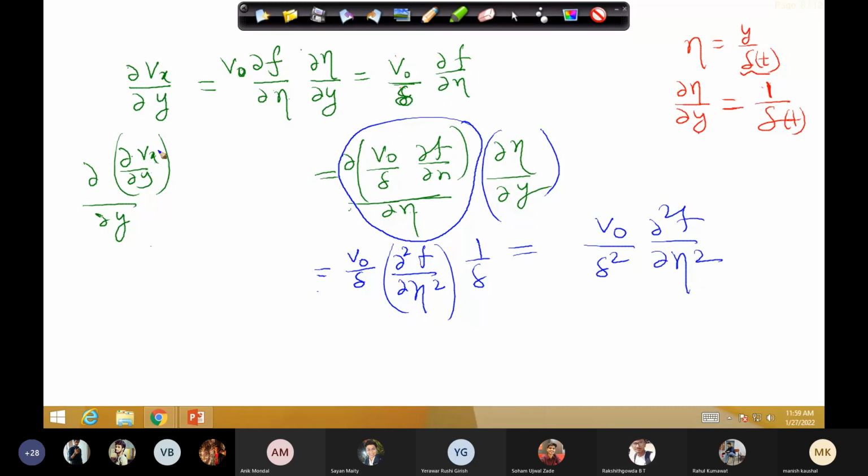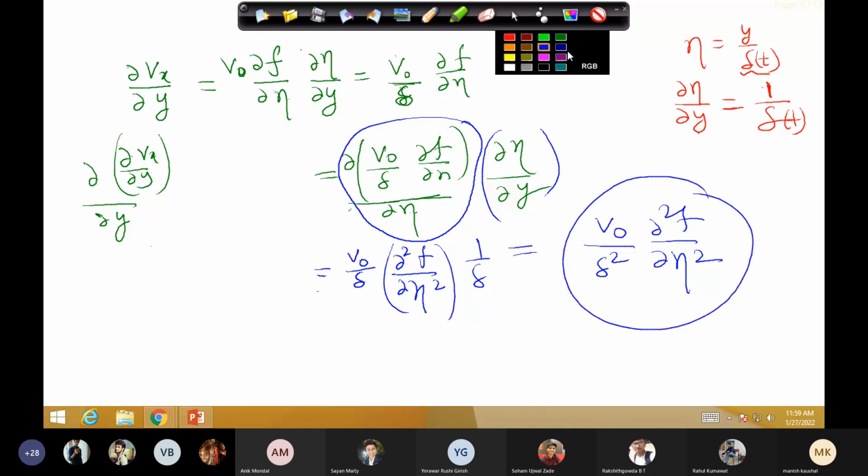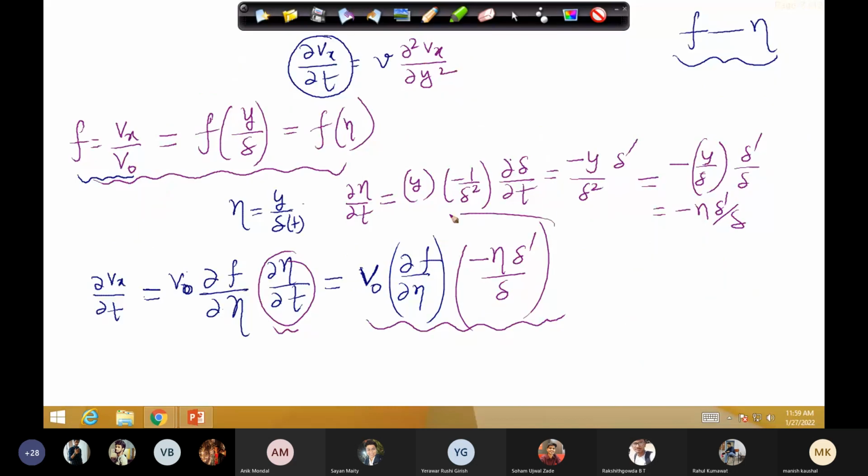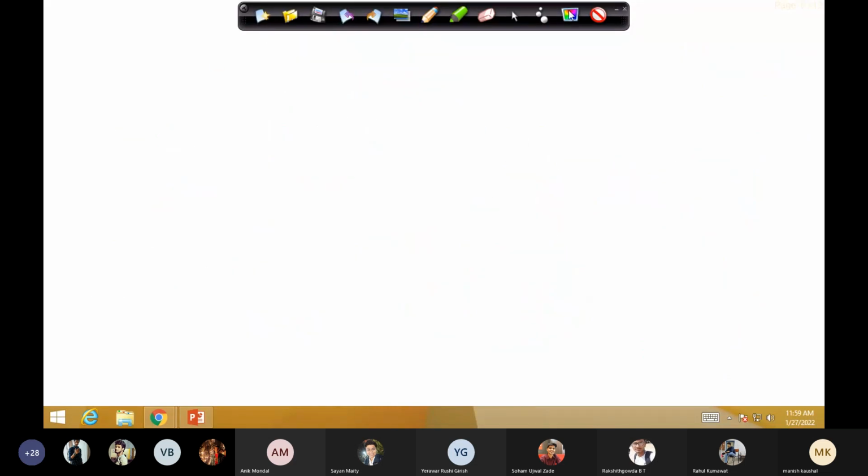The left hand side and the right hand side. This is our right hand side, nothing but ∂²Vx/∂y². And the left hand side we got here this number. So let's put it together. The left hand side is what? Let's see what is left hand side.